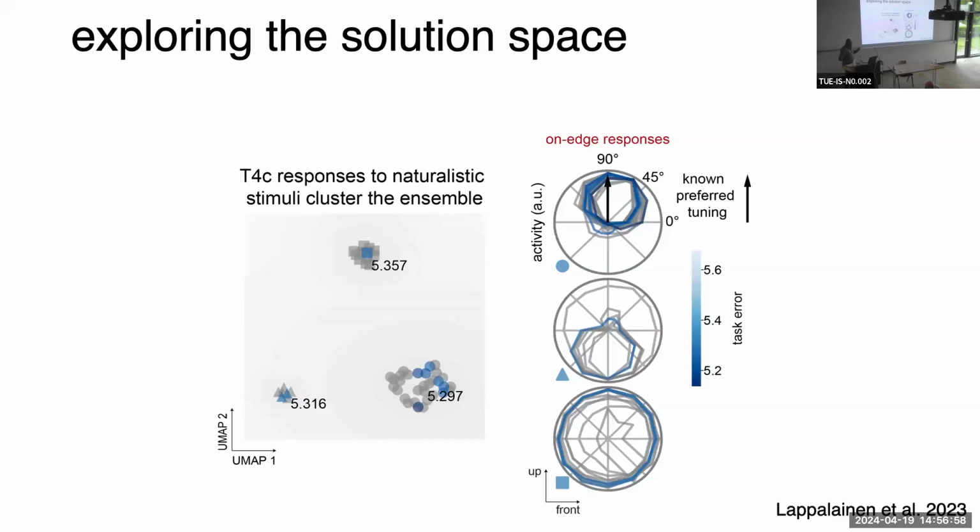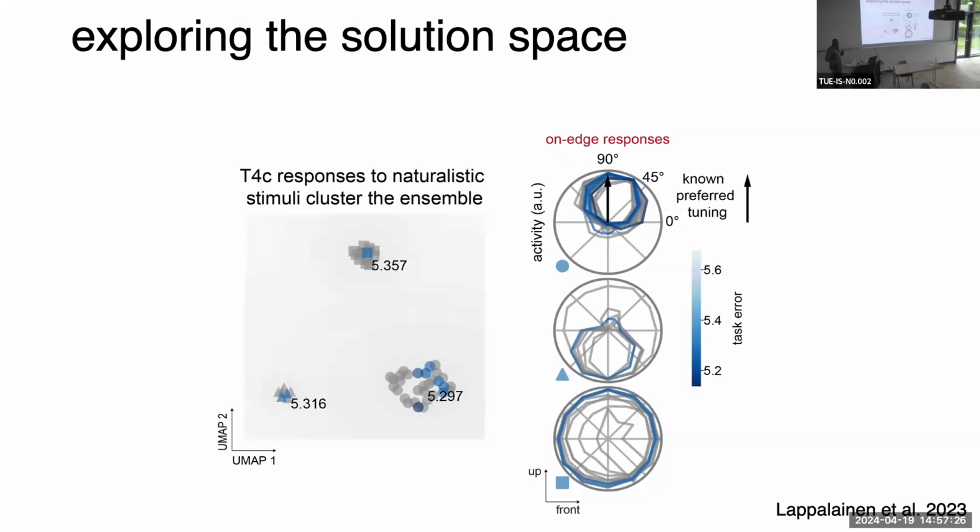Well, it turns out that the cluster with the best average task performance of computing optic flow has a direction selectivity prediction, and the direction is in the correct direction. The worst cluster is not direction selective, but the intermediate cluster is direction selective, but in the opposite direction.